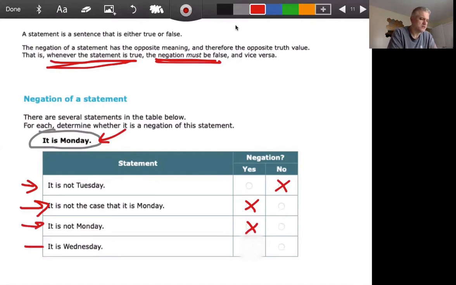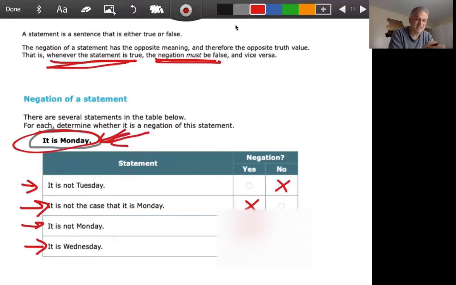So if this is true, is this always false? Well, yeah, because if it's Wednesday, it can't be Monday. Okay, all the way around. If the original statement is true, if it is Monday, does this have to be false? Well, yeah, it does have to be false.